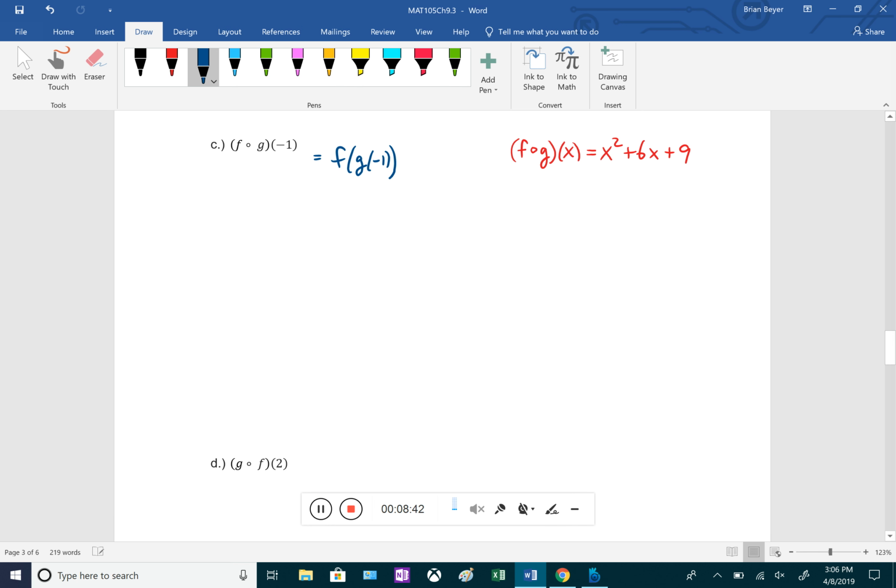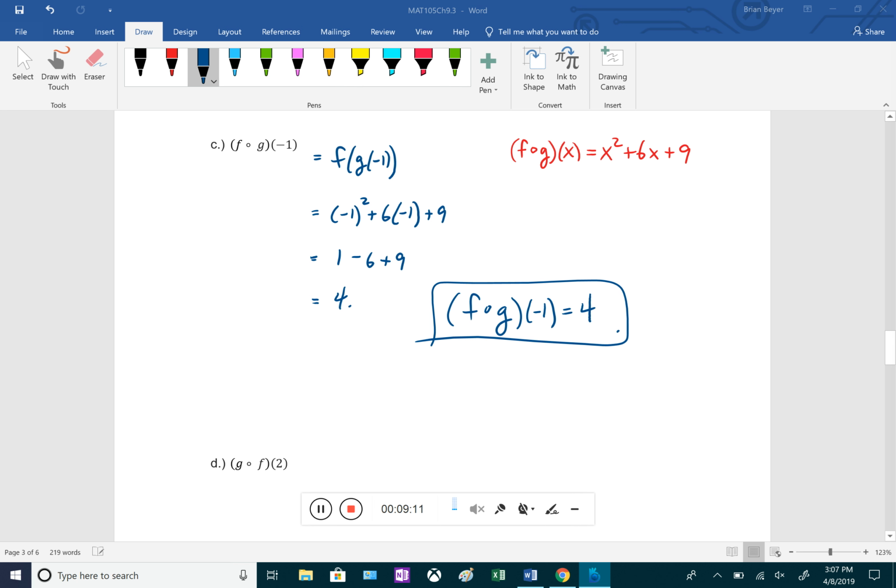So all we have to do is plug in a negative 1 into there. So it's going to be negative 1 squared plus 6 times negative 1 plus 9. We simplify this, it's going to be 1 minus 6 plus 9. And that gives us a value of positive 4. So f of g of negative 1 equals 4.